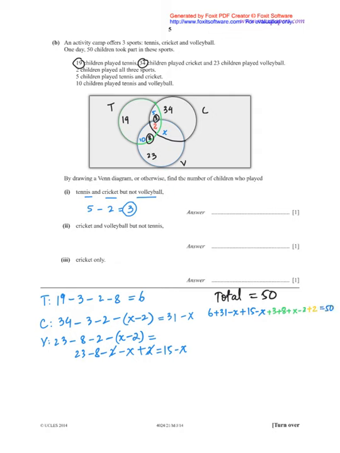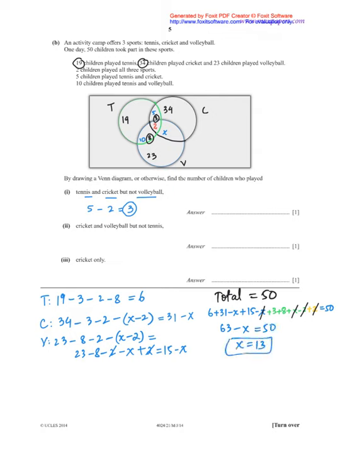Now I will solve: minus 2 and plus 2 cancel, and minus x and plus x cancel. So the leftover is 6 plus 31, which is 37. 37 plus 15 is 52. 52 plus 3 is 55, and 55 plus 8 is 63. So the equation is 63 minus x equals 50, and x equals 13, right?